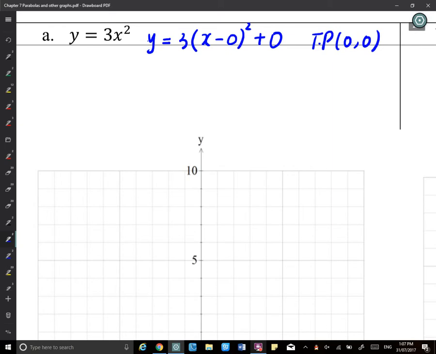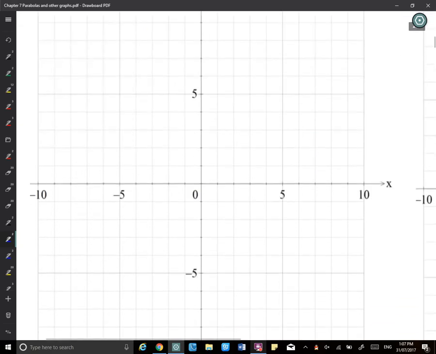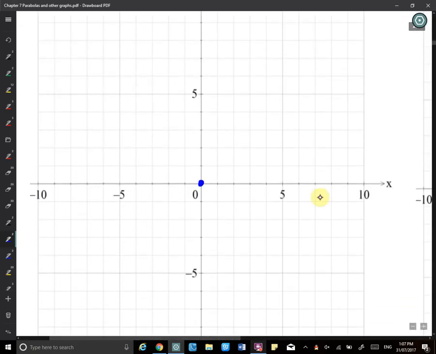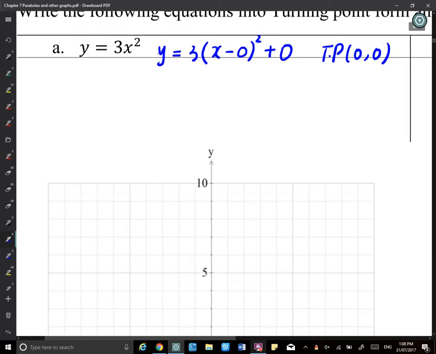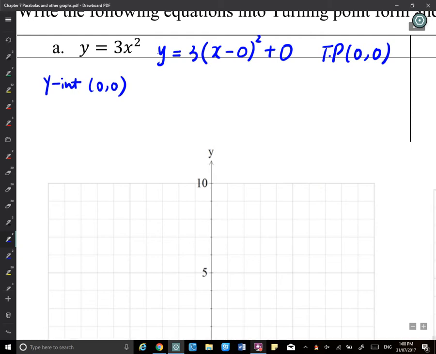I can label the turning point first. So my turning point is 0, 0 here. And what's my y-intercept? 0, 0 as well. You sub x equals 0, you have 0, 0 as well.